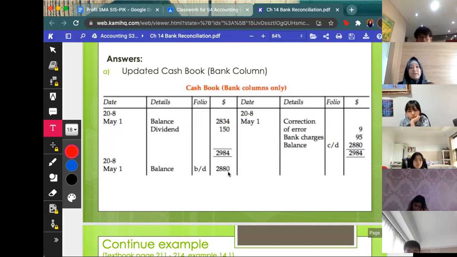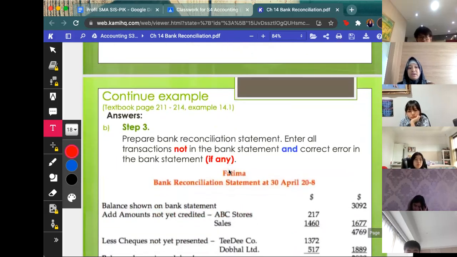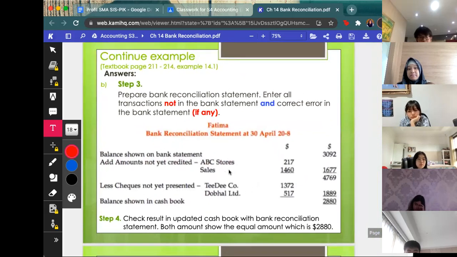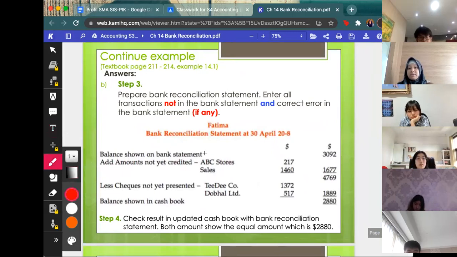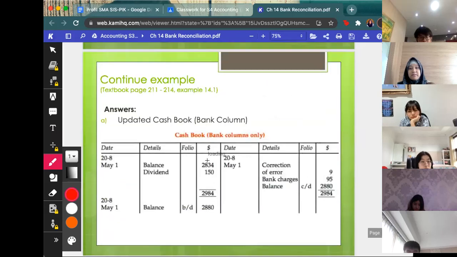Next, after we make the updated cash book, continue to make a bank reconciliation statement. We will start the bank reconciliation statement with the balance from the bank statement. Pay attention: you have to start with the balance from the bank statement, not from the cash book. Now we go back to the bank statement.